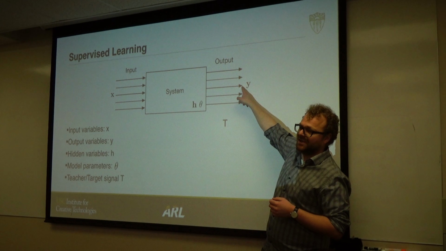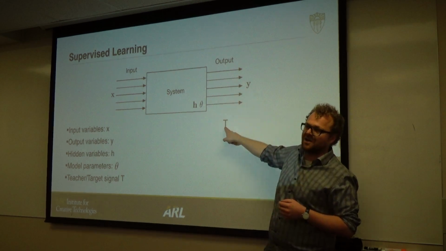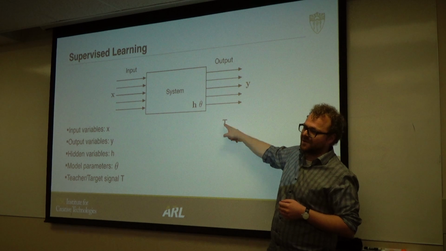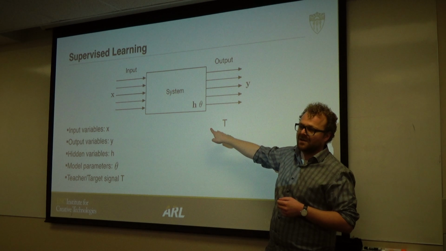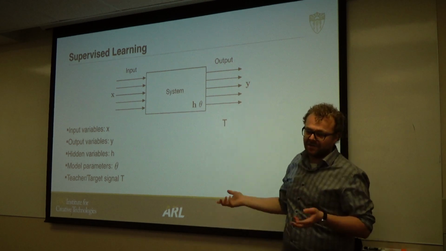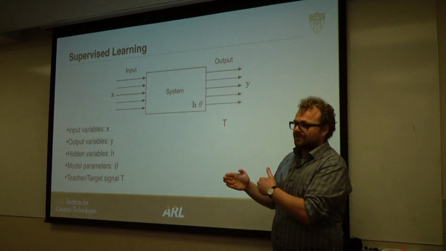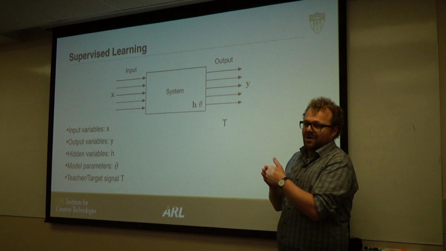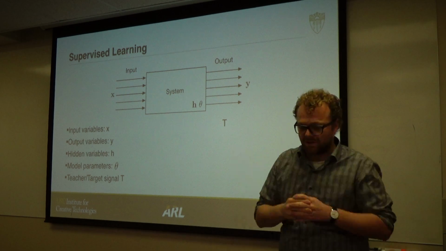So this is our prediction, but the prediction should be as close to the target as possible, okay? And you can already guess that the distance between those two is going to be our error or our performance metric, okay? So we want to optimize the distance between those two. And it should be as small as possible. Okay? Is that clear? So, good.